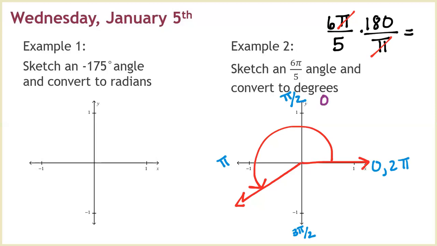This is 0.5, and this is 1, this is 1.5, this is 2. So 6 divided by 5 is 1.2. 1.2 is in between 1 and 1.5, so it would fall in this area. Okay, that makes a lot more sense.